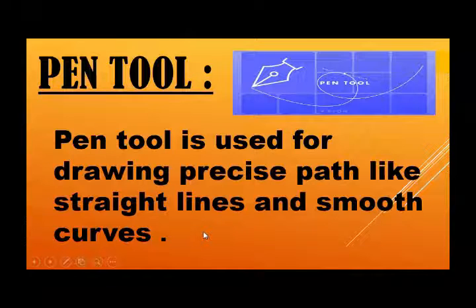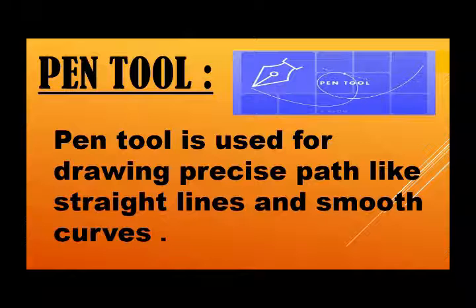Whenever you are using the pen tool, you can draw straight and smooth lines or curves on your stage. Stage means the area on which you are working. You can also adjust the angles and length of straight line segments and the slope of curves. A straight line can be created by simply clicking on the stage, while curved lines can be created by clicking and dragging.